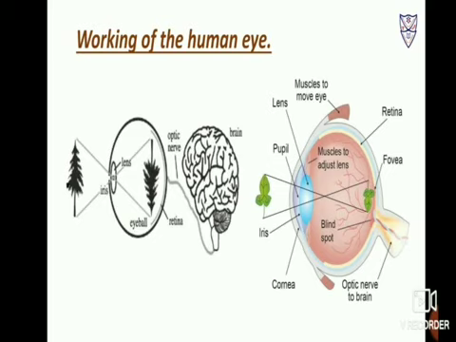As the inverted image is formed on the retina, the rods and cones of the retina get activated and generate electric signals. The optic nerve sends these electric signals to the brain. The brain interprets, means it helps us to understand, these signals and renders the erect, means standing, image of the object.